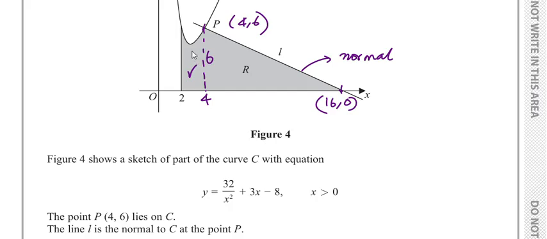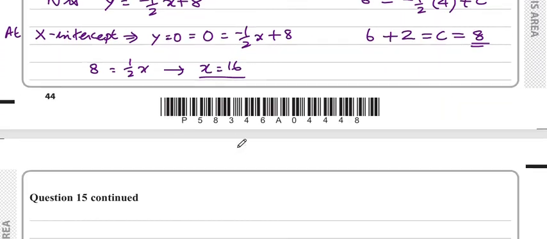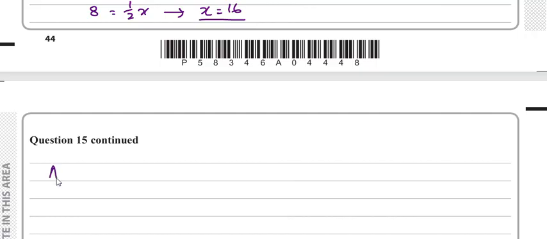And then the area of this region under the curve is integration. Right, so now let's write out what we are planning to do here. So area of R is equal to the area under the curve, which is the integral between 2 and 4 of f of x dx, plus the area of the triangle.